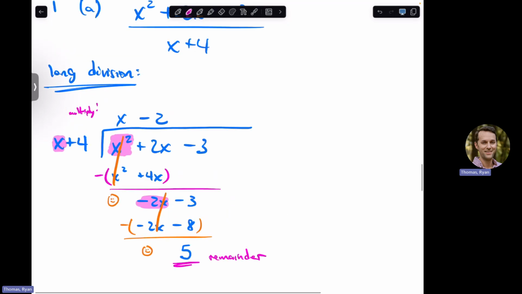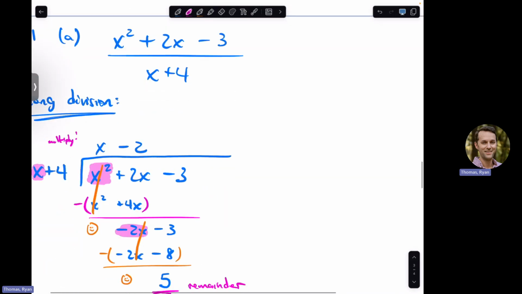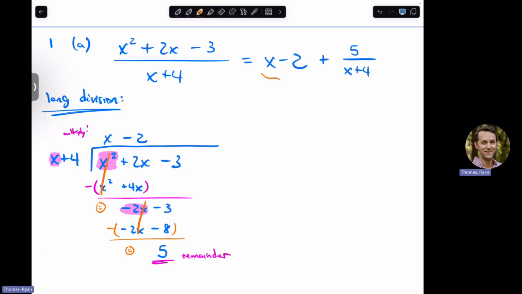What this means is that this is equal to x minus 2 with remainder 5, which means there's a fraction part that you can write like that. That's the quotient, the whole number part of the answer.